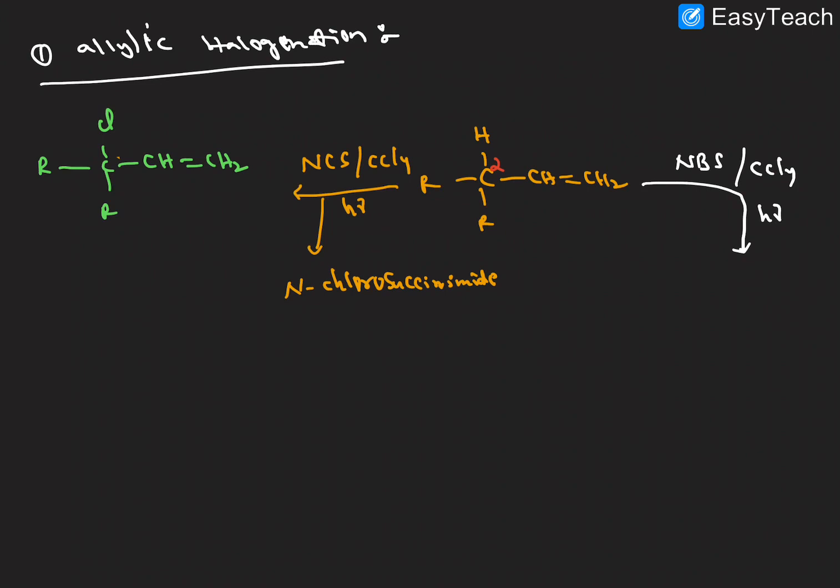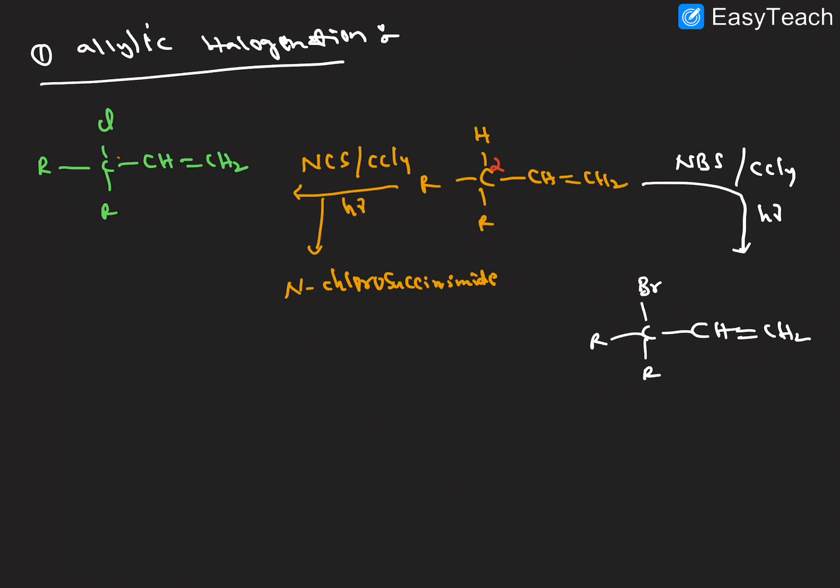So what is the reaction here? The same CH double bond CH2, and this carbon containing bromine with the same alkyl groups. Here bromine substitution takes place. I hope it is clear.